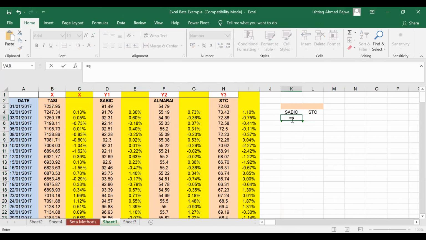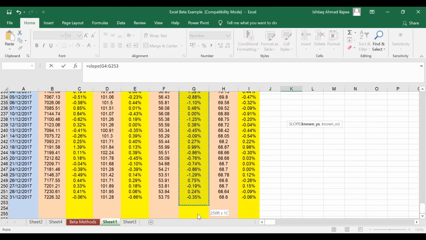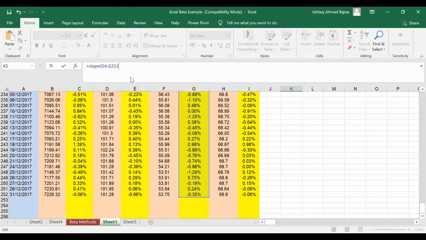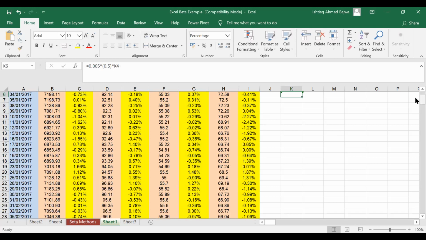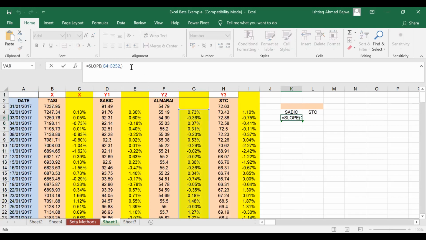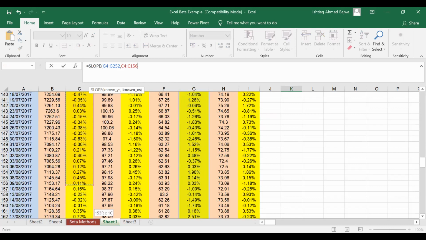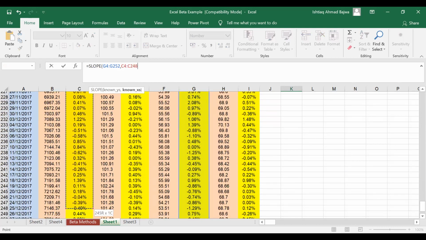For example, if I need to calculate for Al-Marai, then I will take the Al-Marai return with the return of the TASAI. TASAI is the Tadawul. So whichever stock you are taking, you take the market of the same country.